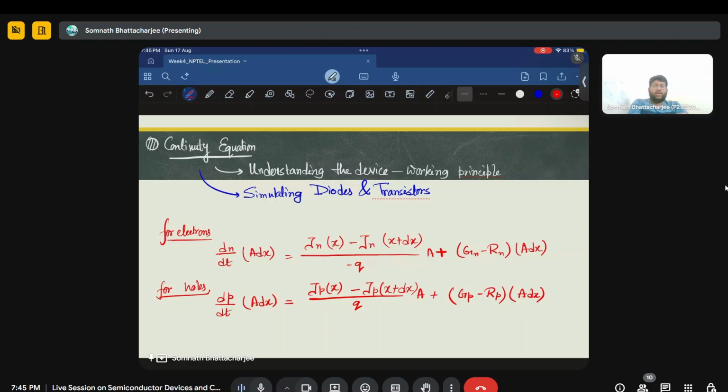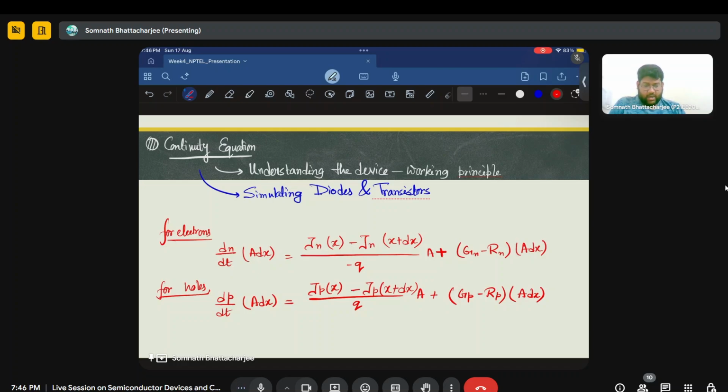So these are known as the continuity equations. The basic thing to learn about this is to completely understand the working principle of a semiconductor and of a material, to know the device much better, and also to simulate diodes and transistors. The ultimate goal is to clearly simulate a diode or a transistor or a certain device.